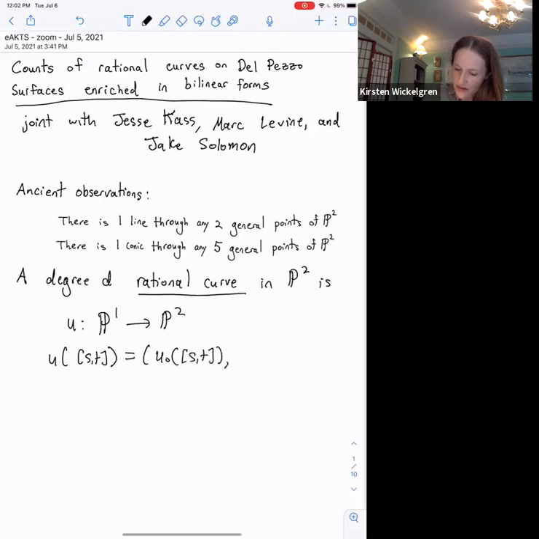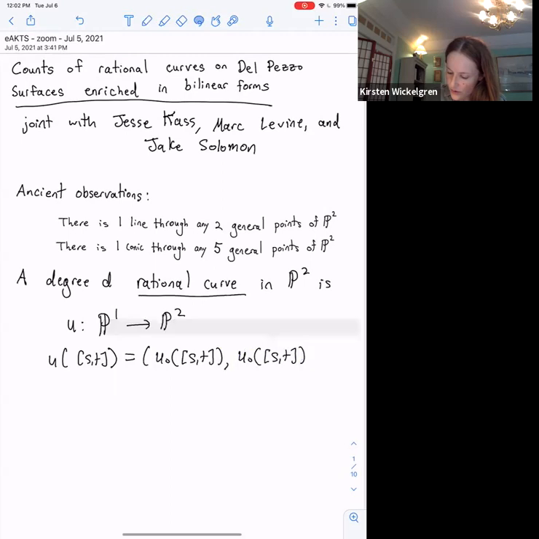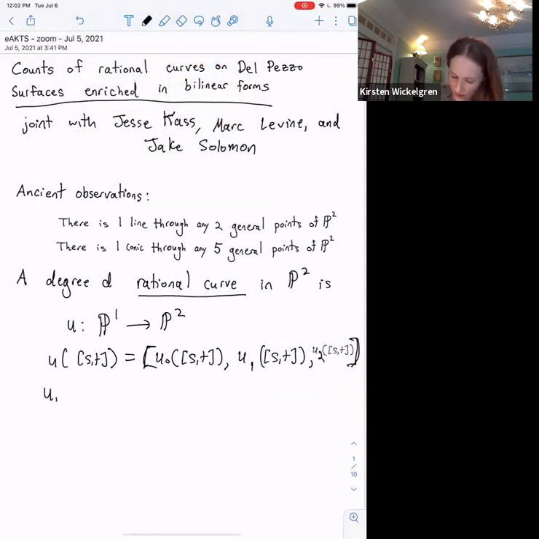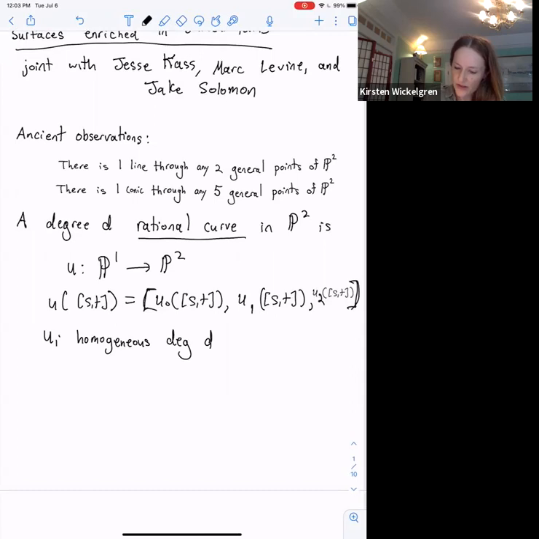It's given by U0, U1, U2 polynomials. The square brackets denote homogeneous coordinates. And these will be homogeneous of degree D. So a degree D polynomial has D plus 1 coefficients. That gives 3 times D plus 1.